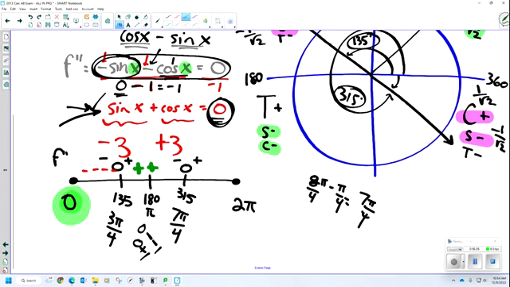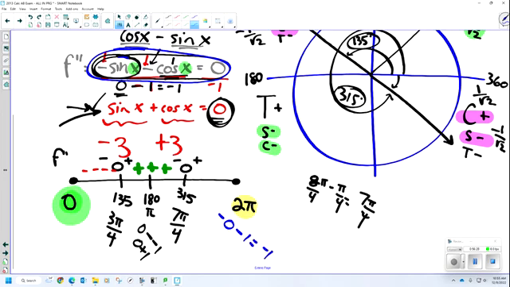Now let's try 2 pi, the last one. Again, I'm going to go right back to this that I'm circling in blue. The sine of 2 pi is 0, so it's 0 minus the cosine of 2 pi, which is 1. So I get negative 1.